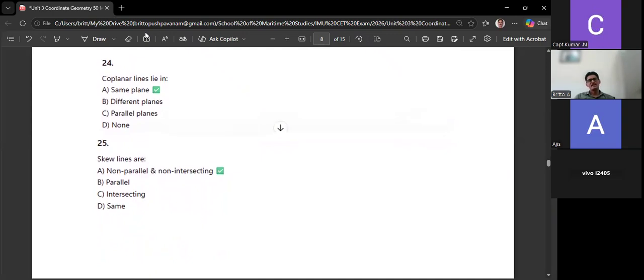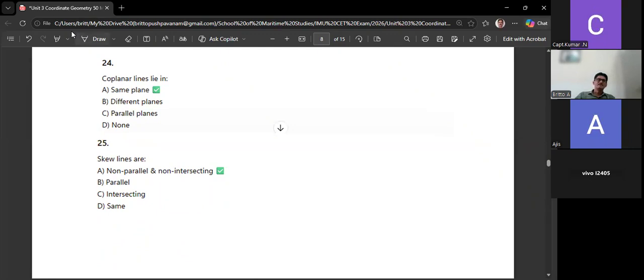The coplanar lines lie in the same plane, or different planes, or parallel planes, or none. The coplanar lines lie in the same plane, not different planes. If they are in different planes, you cannot say it is coplanar. Otherwise it is called parallel. It's a similar concept to parallel.